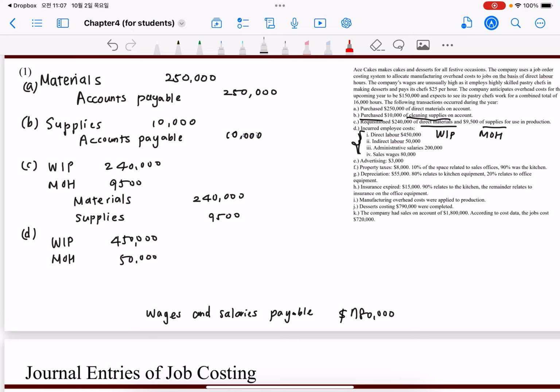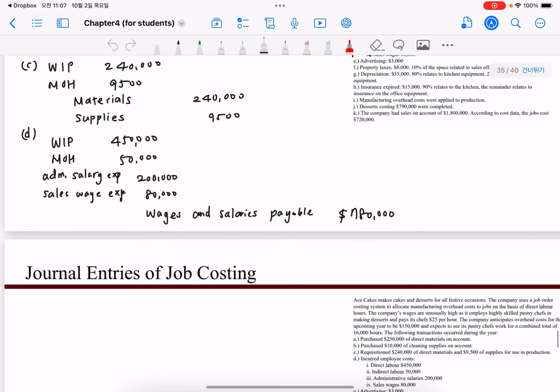And for the administrative salaries and sales wages, you can have it as SG&A, a period cost, or you can identify each as an administrative salary expense of 80,000 and sales wage expense of 200,000, right? 80,000.